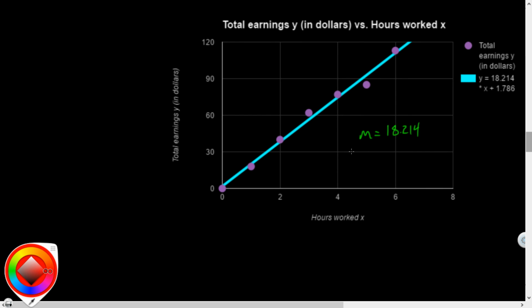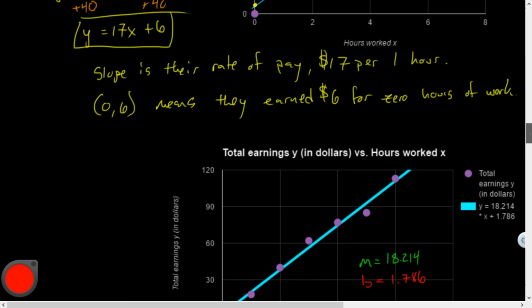And their y-intercept was different than mine as well. They got 1.786. I had 17 for my slope and 6 for my y-intercept, so we were pretty close. If you do this on a test, I'm expecting all of us to get different answers, but we're close-ish is kind of what we're looking at.